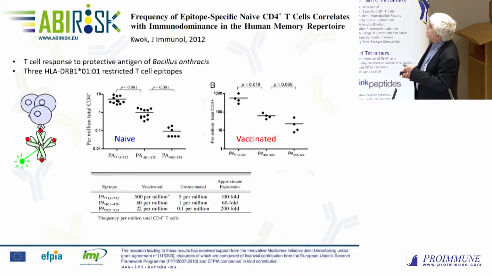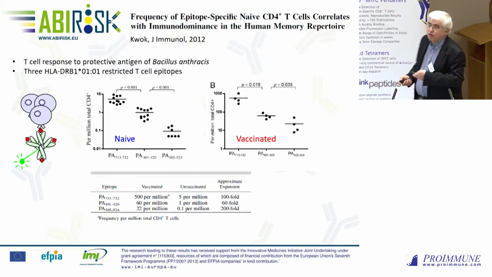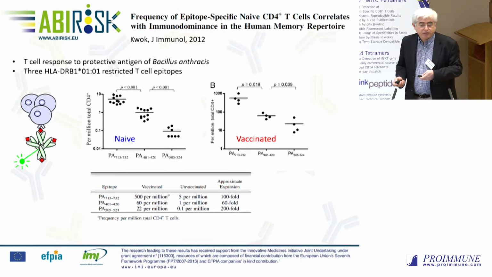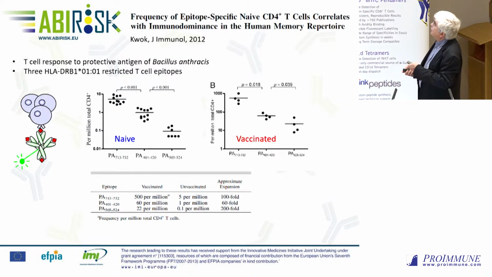And you can see this peptide is at very low frequencies in contrast to that. But you know, it's very low frequent cells. It's around 1 cell per million of cells. And when they look at the same population in the vaccinees, you see the number is largely higher.